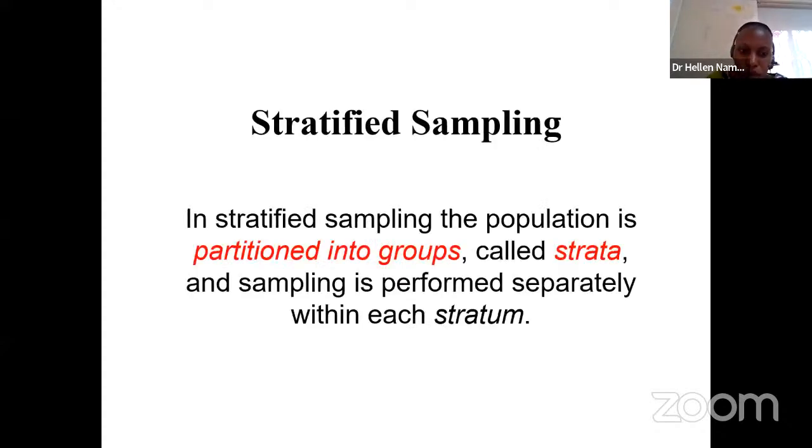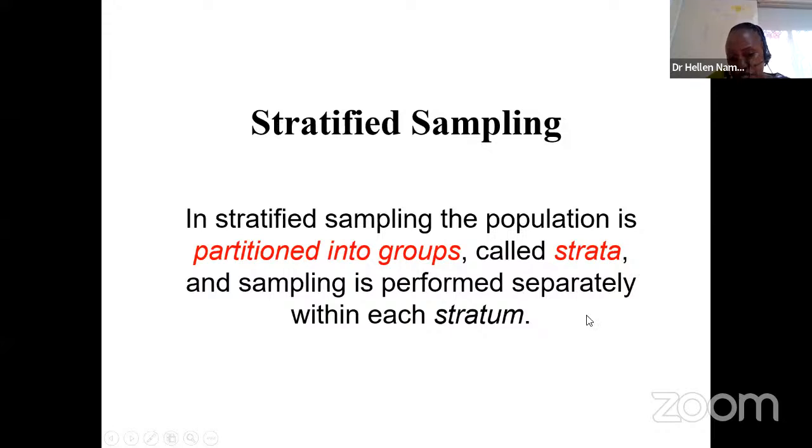What about stratified sampling? Under stratified sampling, in this particular case, we are looking at the population being partitioned into groups. If you know the word to partition, it's like you're grouping into different groups, and we call these ones the strata.